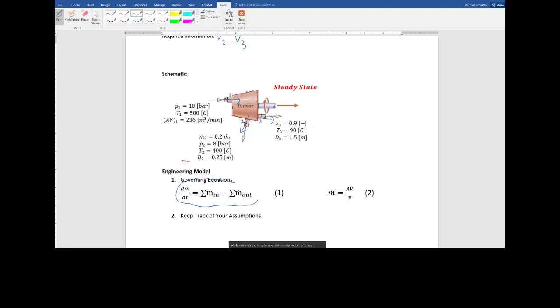It's also kind of a giveaway in this particular lecture because this lecture is about conservation of mass. So it's not surprising we're going to use conservation of mass here. And we also remember, maybe, that we said that the mass flow rate is area times velocity divided by specific volume.